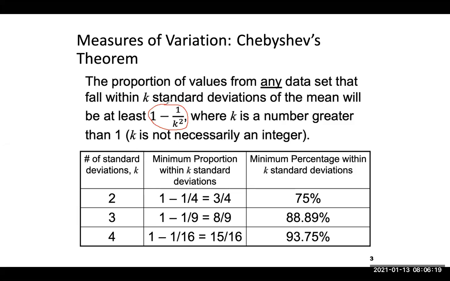I just picked a random number. You use 7 in place of K. So this is the actual formula: 1 minus 1 divided by K squared. So that is Chebyshev's theorem.